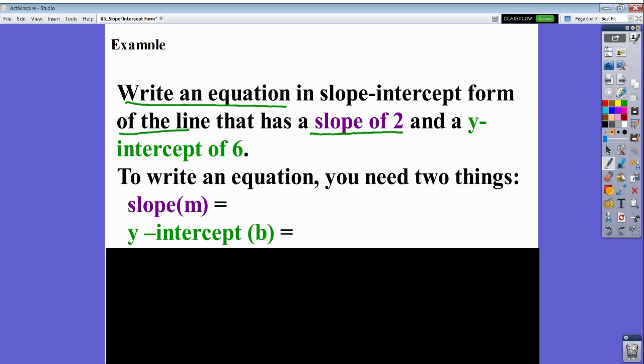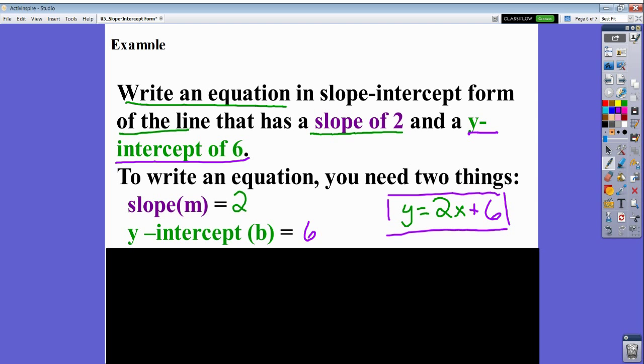They tell us. It is 2. So already we know it's going to be y equals 2x, and then all we have to do is find the b. They also tell us the b. The y-intercept is 6, so I can put plus 6. And that is my equation: y equals 2x plus 6.